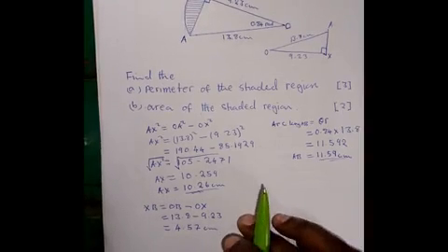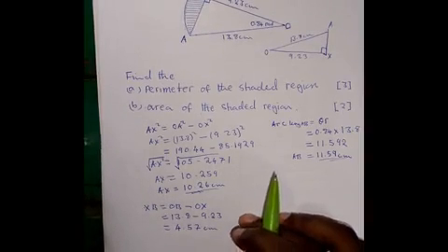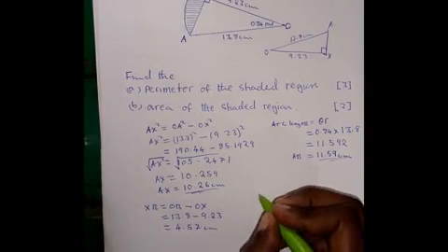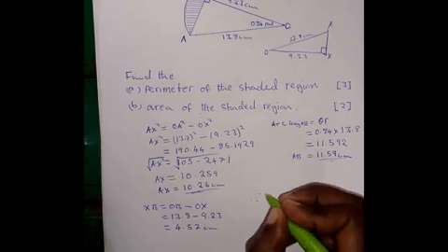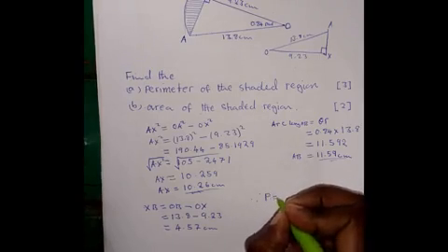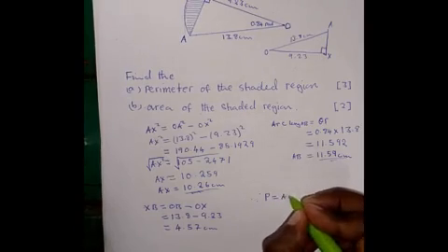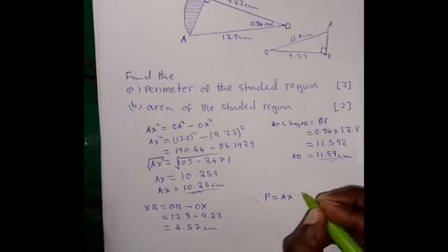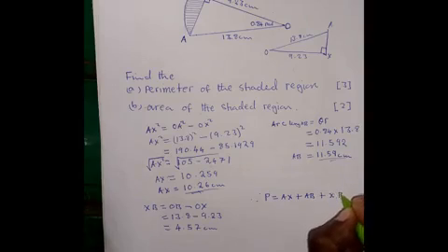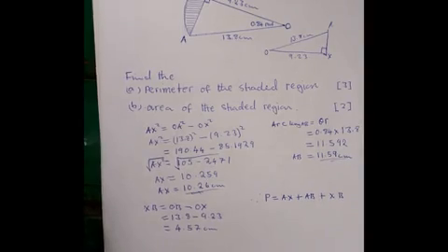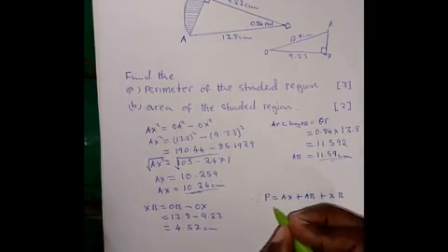So now, in order for you to give out the final answer, you say, therefore, your perimeter is equal to AX plus AB, which is the arc here, then plus XB. So now you put the values, then you add them.